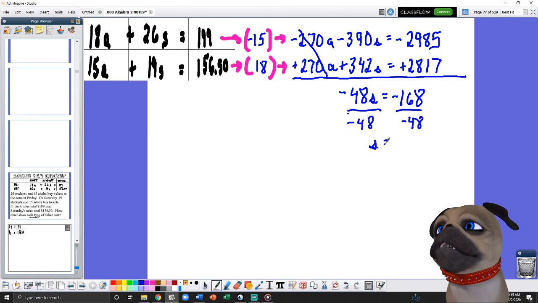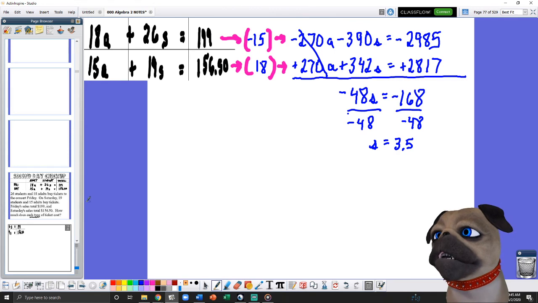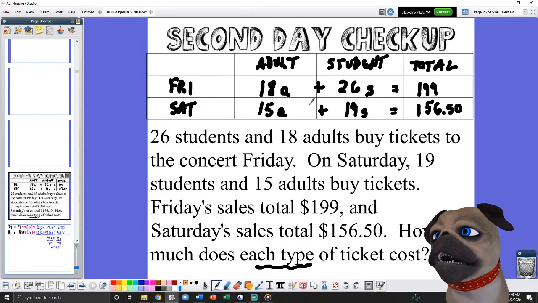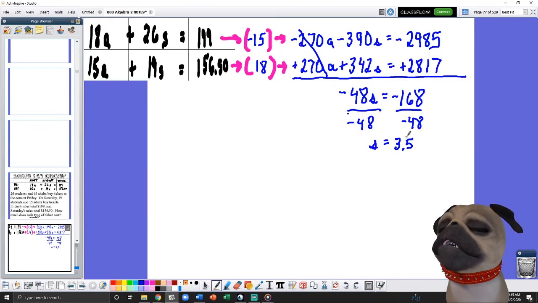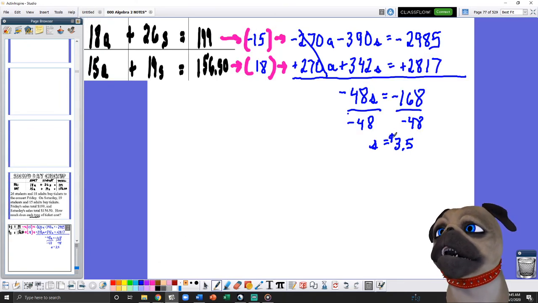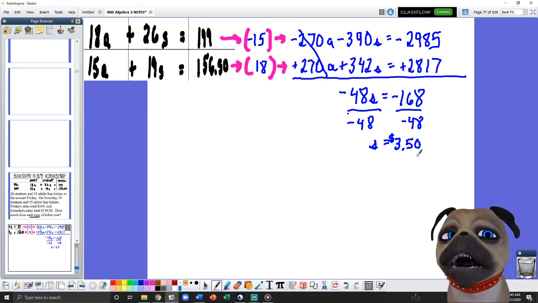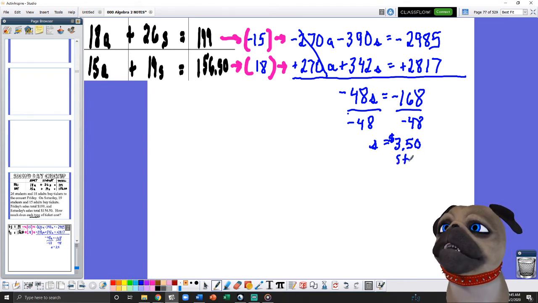And you should have S equals 3.5. Now, what did S stand for? S was the price of a student ticket. So coming back here, 3.5 doesn't make much sense, but if I put $3.50, that would totally make sense. So our student tickets were $3.50.